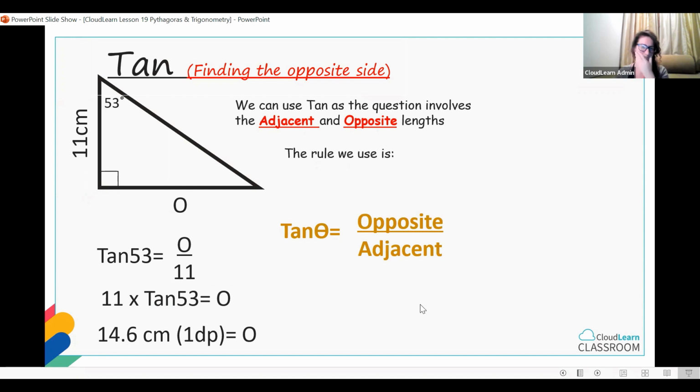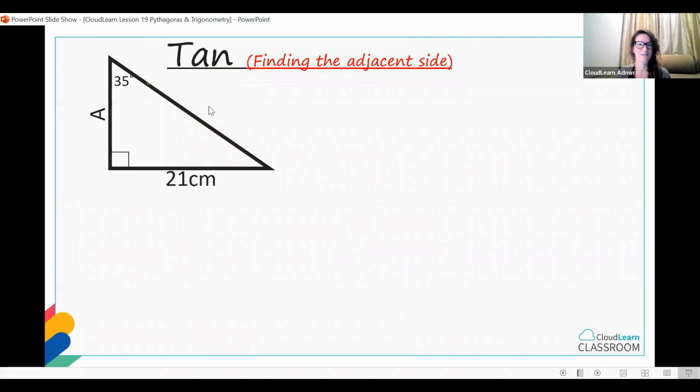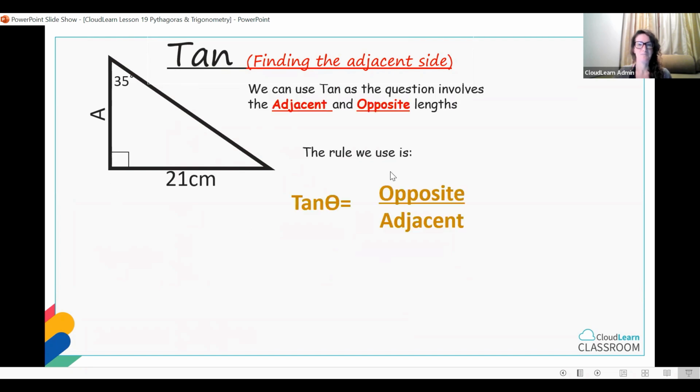Okay, so that's the rule there for tan. And then finding the adjacent is a bit like finding the hypotenuse in the other problems. It's the one where, once we've put it into the ratio, the unknown is on the denominator. So this time we've got an angle of 35. We've got an opposite side of 21, an adjacent side of unknown. So once we put that in, tan 35 is equal to 21 divided by A. So we need to rearrange.